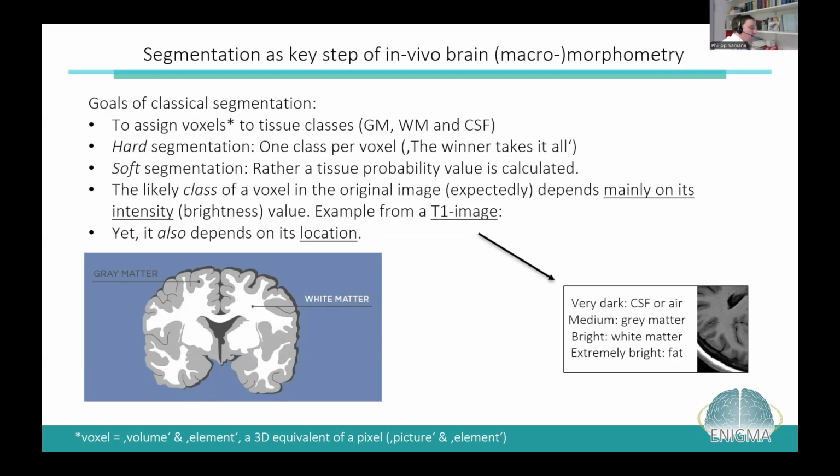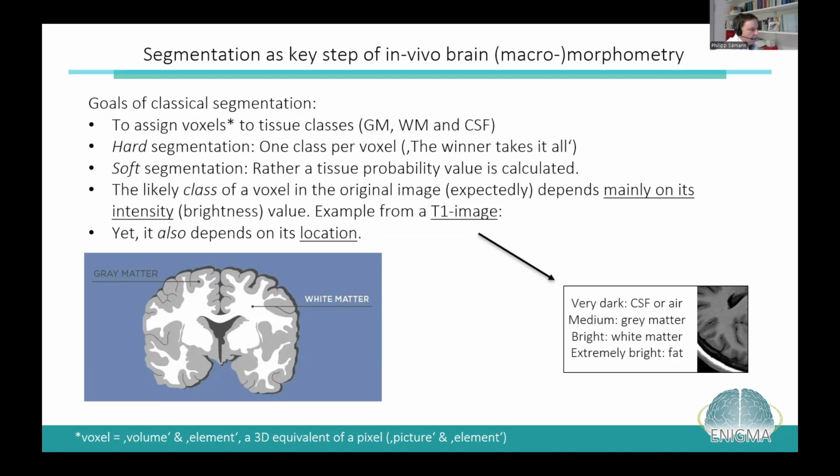So the goal of a segmentation program that processes MR images is to at least find these three classes in a reliable way. The outcome can be a hard segmentation, so a clear class, gray matter, white matter, or CSF per voxel, a kind of winner-takes-all strategy. But it can also be a soft segmentation, and here rather a tissue probability is the result.